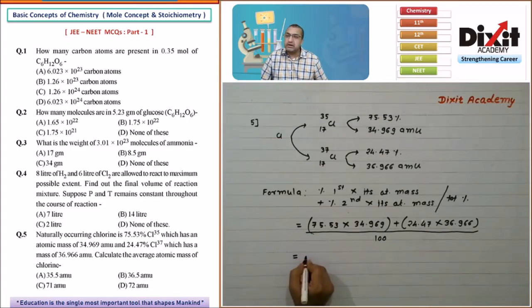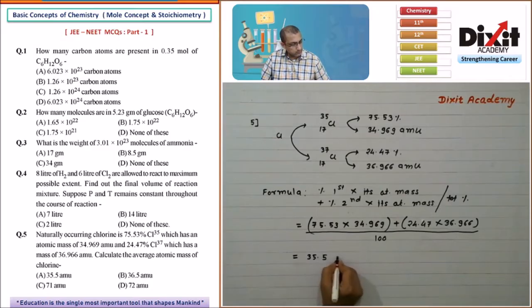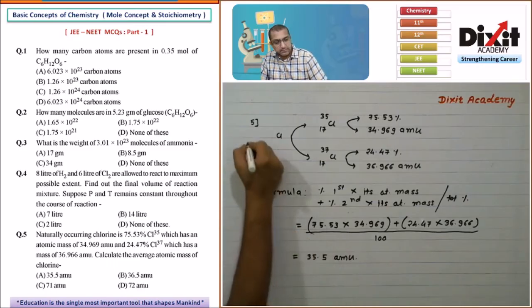So after simplifying, it figures out to be 35.5 AMU. The option is A.